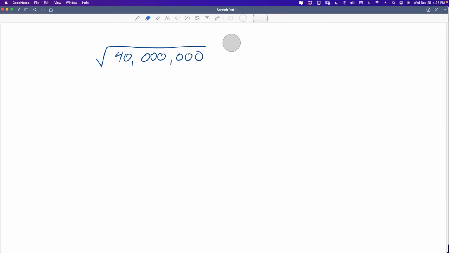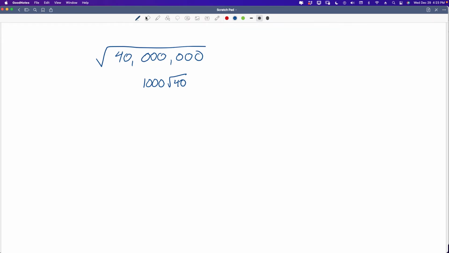So let's look at our zeros. For every 2, we have 100, right? Well, we have 3 and 3 here. So for every 3, we have 1,000. So we know we can pull 1,000 out. So that's going to be 1,000 times the square root of 40, right? Because we paired up our zeros.